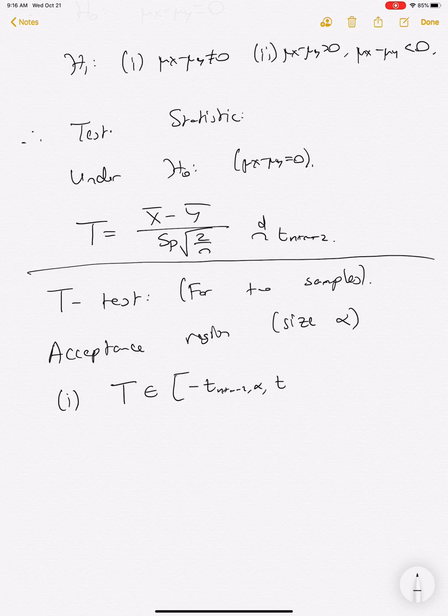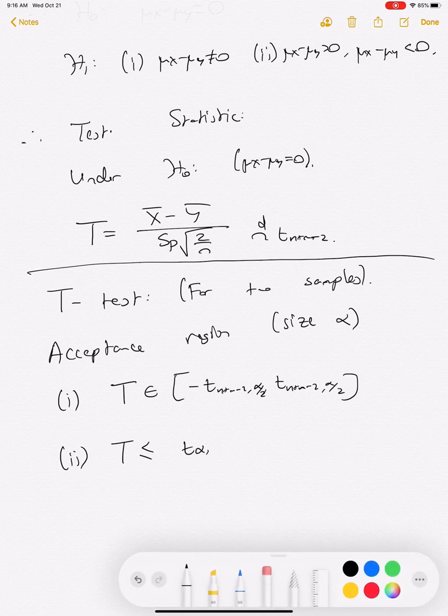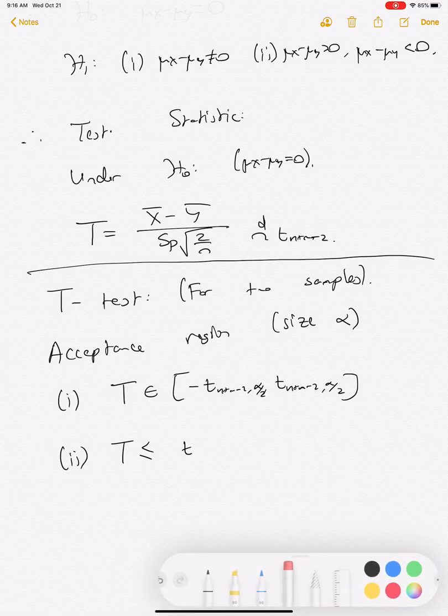I'll draw what these two areas look like shortly. n plus m minus 2. So this is alpha over 2 again, and alpha over 2. For the alternative where mu x minus mu y is bigger than 0, we get t is less than or equal to t n plus m minus 2 alpha.